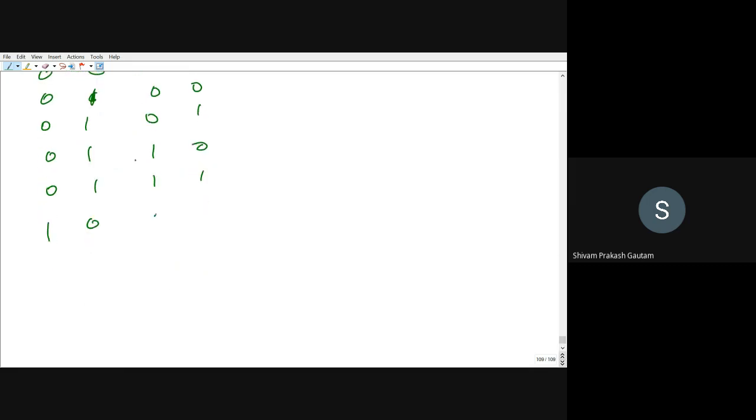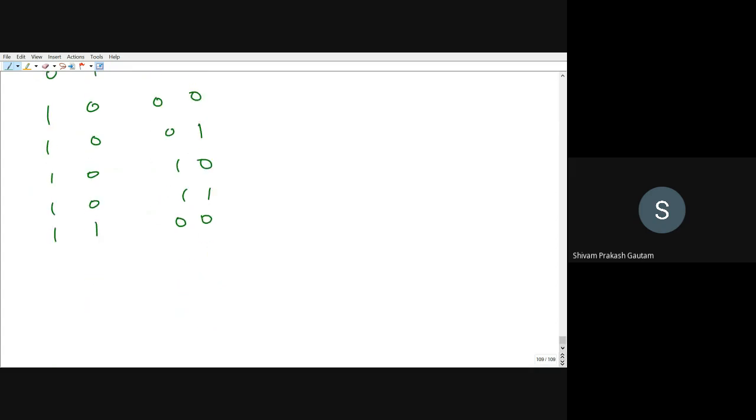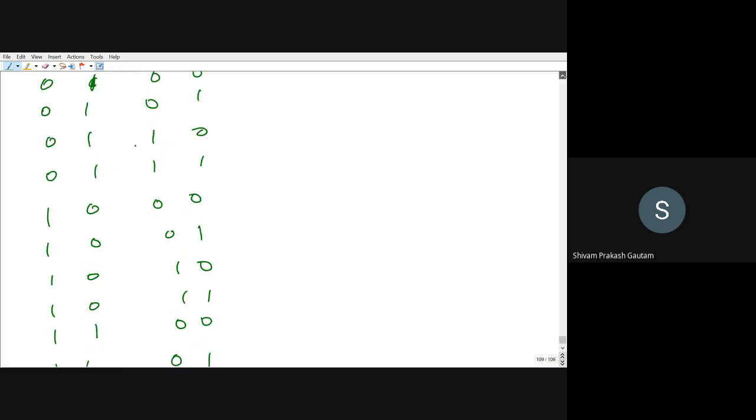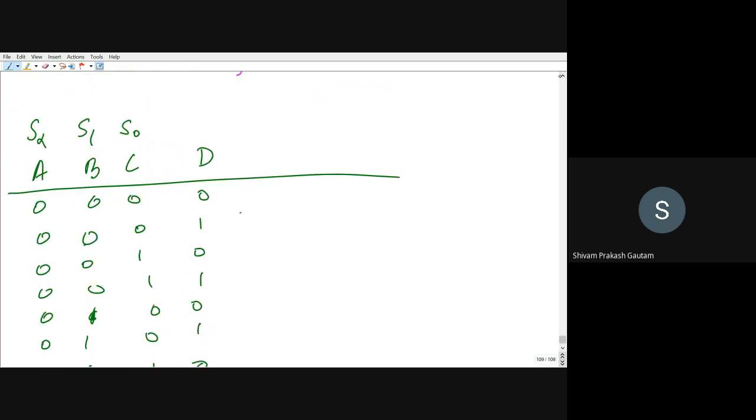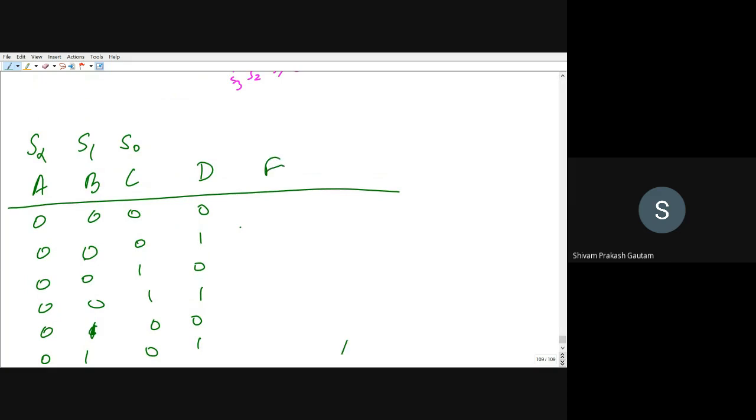The rest are 0, 1, 0, 0, 1, 0, 0, 1, 1, 0, 1, 0, 1, 0, 1, 1, 1, 1, 0, 0, 1, 1, 0, 1, 1, 1, 1, 0, 1, 1, 1, 1. Right? So we have filled this, and now we also have to fill the function as well.